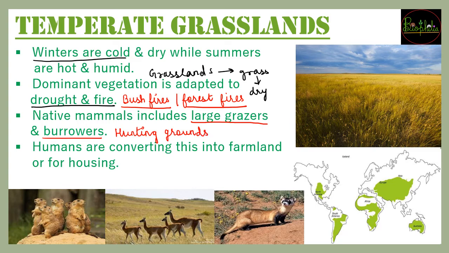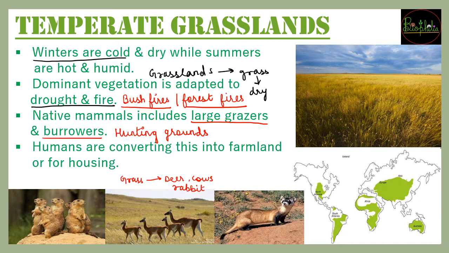Carnivores are going to need the herbivores, and where will herbivores be found? At the grasslands, because when grass is available in the grasslands, there are going to be deer, cows, and hares like rabbits, many of them. So these come under the burrowers. Deer, cows, rabbits and different types of animals which come under the herbivores are going to be seen in these grasslands.